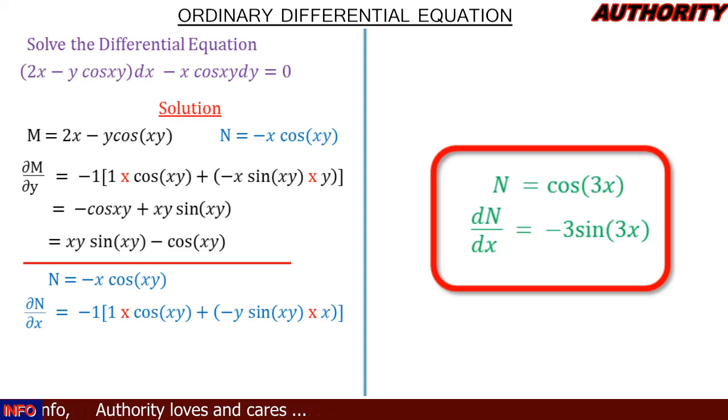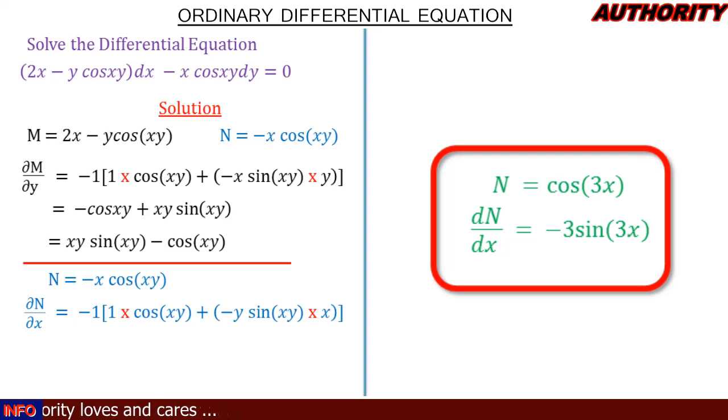Is that true? Yes. I want you to apply chain rule here. Then you are going to see that the derivative of n with respect to x here is going to give you minus 3 sine 3x. All right, good. Using the same procedure here that we have cos xy differentiating partially with respect to x.